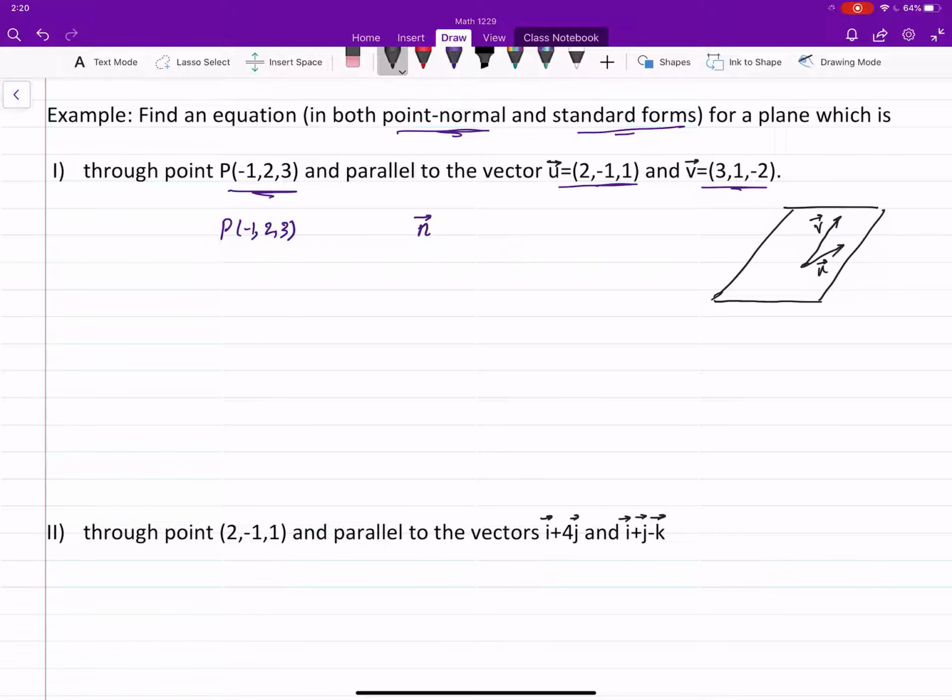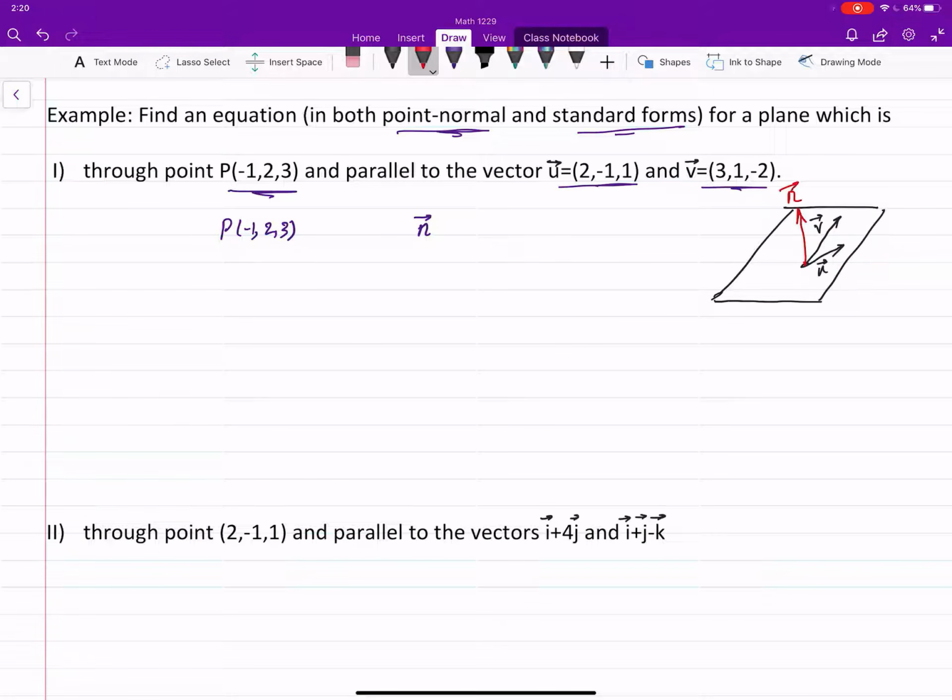We are not interested in parallel vectors. What we are interested in is a normal vector, a vector which is normal to the plane. I'm drawing vectors so that they seem to be starting from a point on the plane, but that's just showing you what is going on.